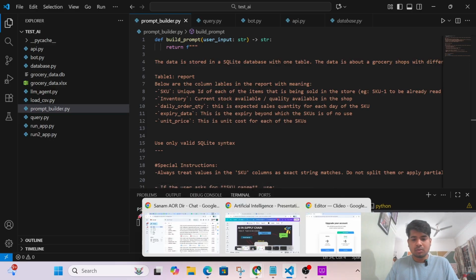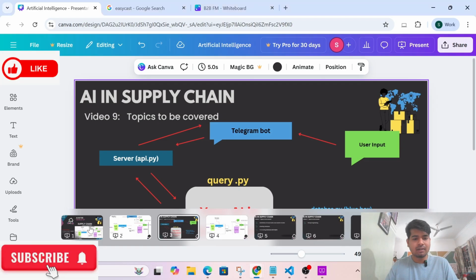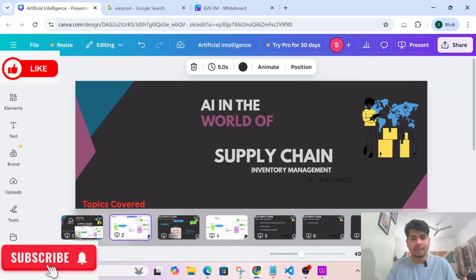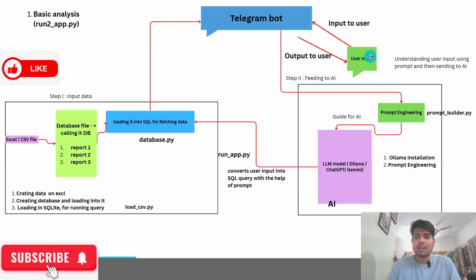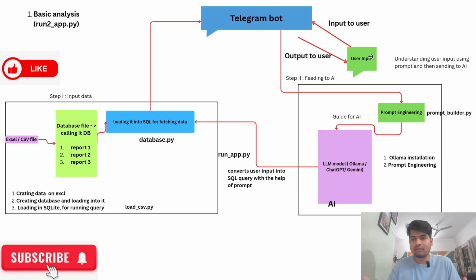Now just to summarize the entire thing that we have learned in this series: as a user, when we input the requirement, it moves to a telegram bot. The telegram bot shares information with the server.